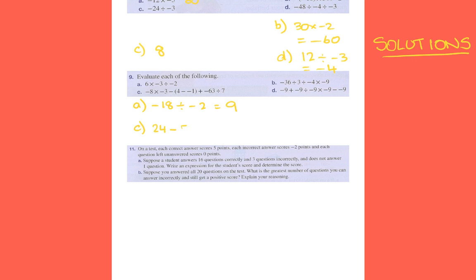Negative 8 times negative 3 is 24, minus 5, plus negative 9. Next line of working, 24 minus 5, and we get 10. So the division and then the multiplication.